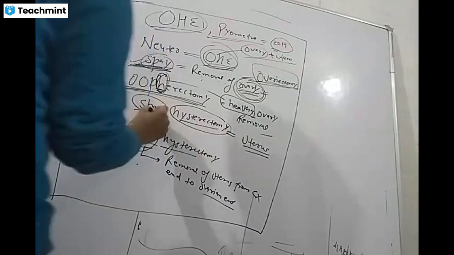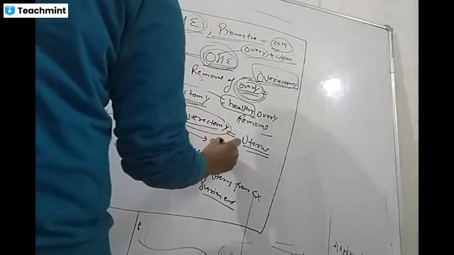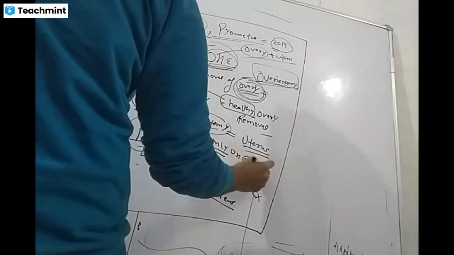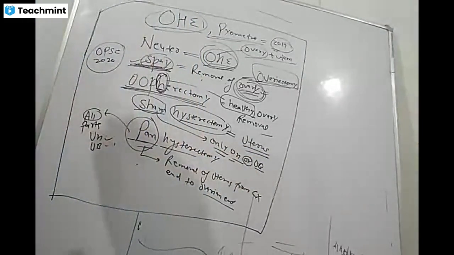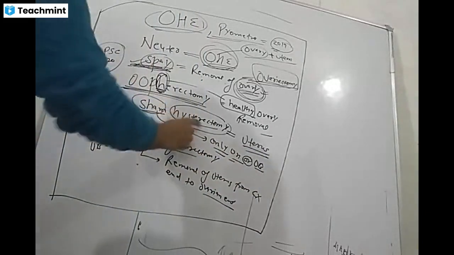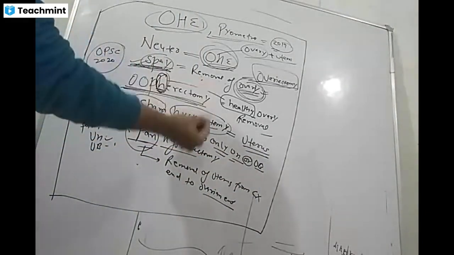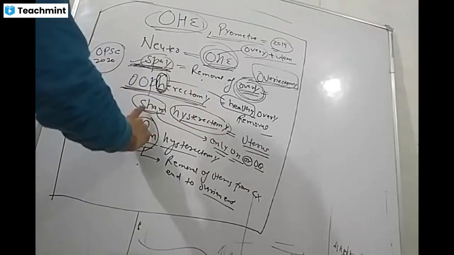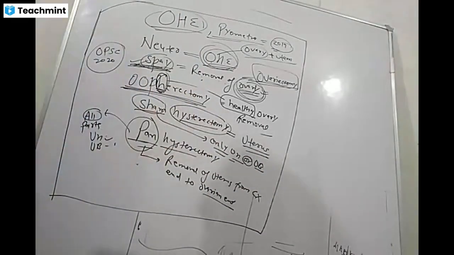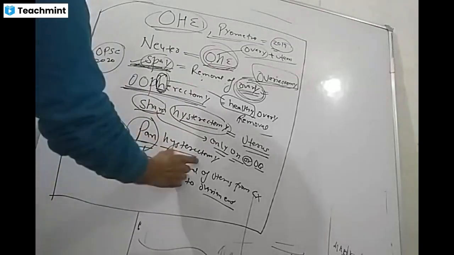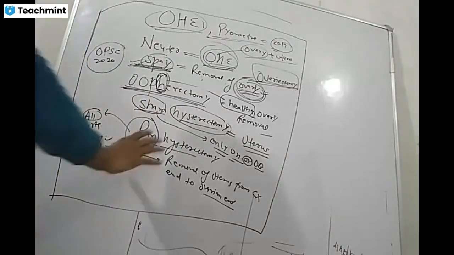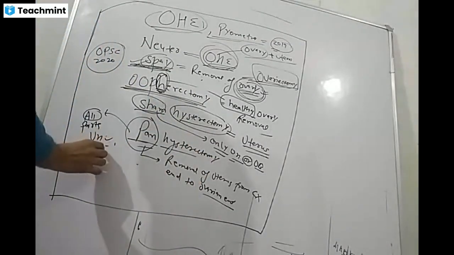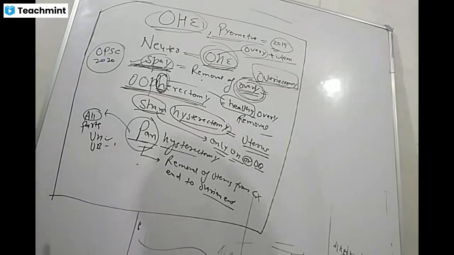And sham hysterectomy means only the uterine horn or only the uterine body. If parts of the uterus are removed, either a single horn or both horns or only the uterine body, then it is sham hysterectomy. Pan hysterectomy means complete removal of all the parts, like uterine horn and uterine body, everything.